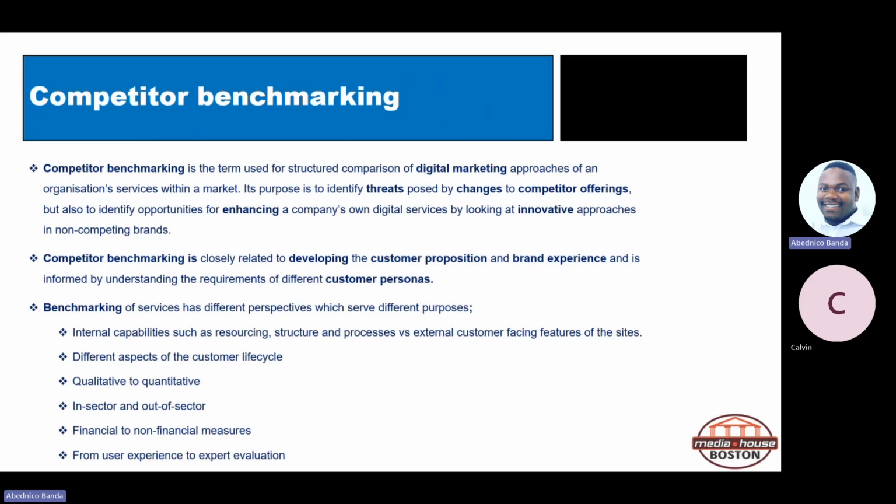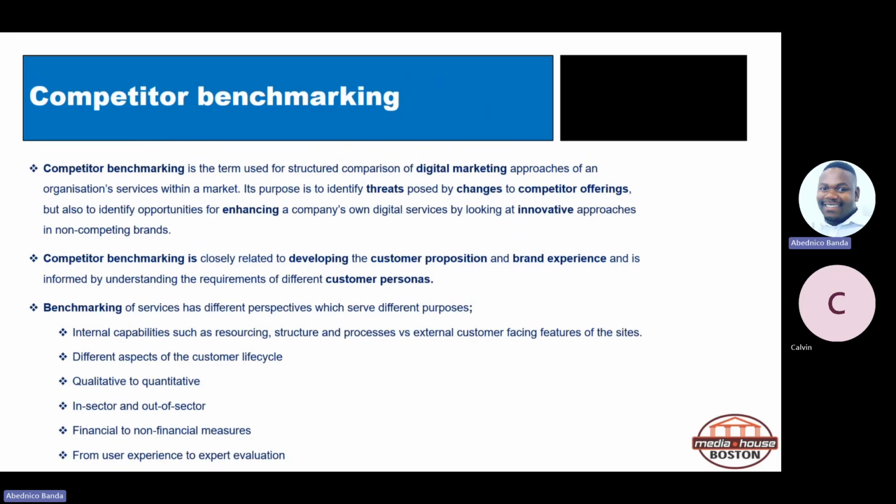Its purpose is to identify threats posed by changes to competitor offering, but also to identify opportunities for enhancing a company's own digital services by looking at innovative approaches in non-competing brands. So here we do the SWOT analysis. So benchmarking is closely related to developing the customer proposition and brand experience, and is informed by understanding the requirements of different customer personas that we discussed in the previous lesson.